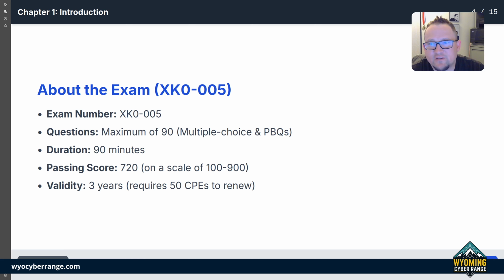Now, this certification is going to be valid for 3 years. You do need 50 CPEs to renew, and that's called continuing education. I recommend that you go to the CompTIA website and read about what CPEs are and what counts, because taking classes like this actually counts as a CPE. Getting a certification that's higher than the one you have is like a CPE.